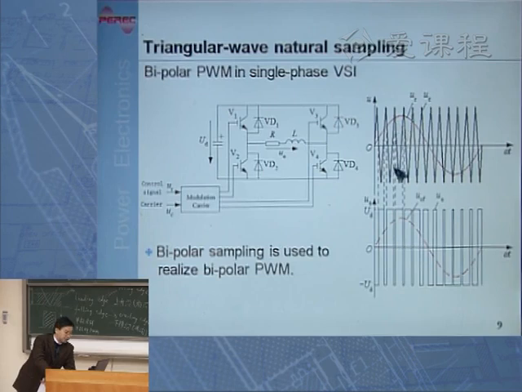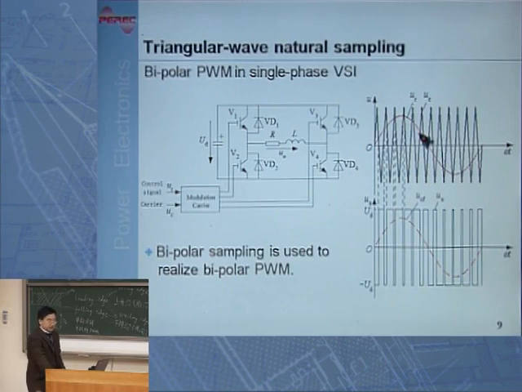I'm using a bipolar triangular wave. That means even within the positive half cycle, the triangular carriers are bidirectional. Okay? So this is called bipolar sampling. The modulating signal is compared with a bipolar triangular wave.